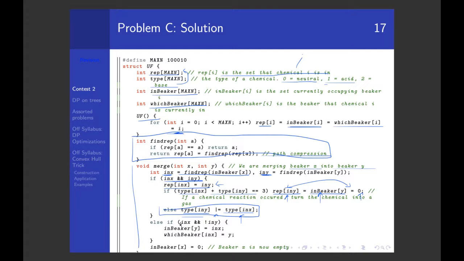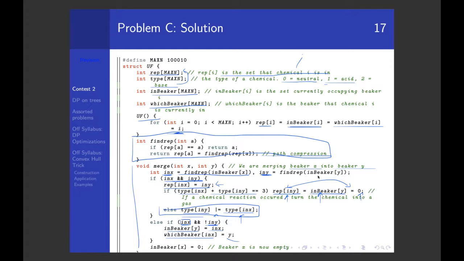Second case, if there's something in beaker X but nothing in beaker Y, then we're pouring X into Y. So what was in X is now in Y. And also which beaker this chemical is in, we now say that's in beaker Y. The other 2 cases, where X is empty, because it's kind of 4 cases of these 2 variables in Y, those ones don't matter because there's nothing in beaker X, which means our merge is doing nothing.